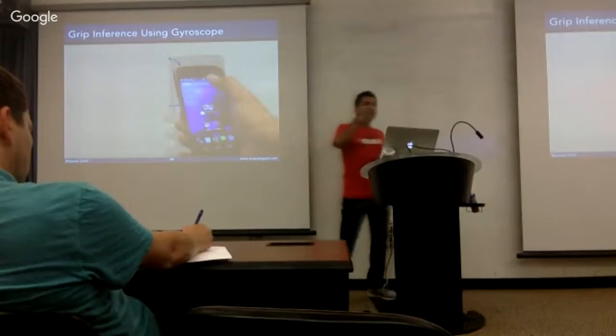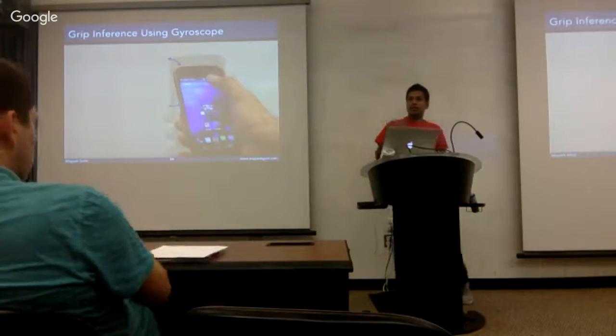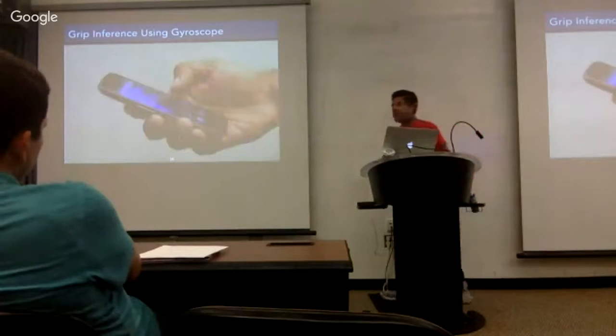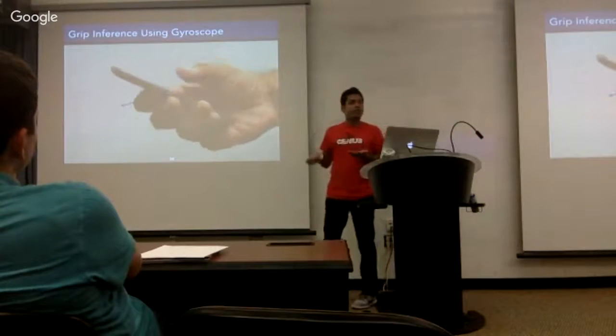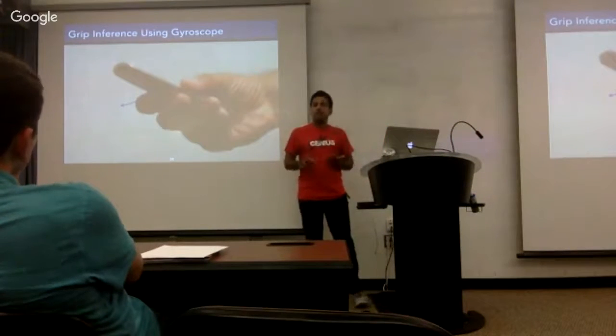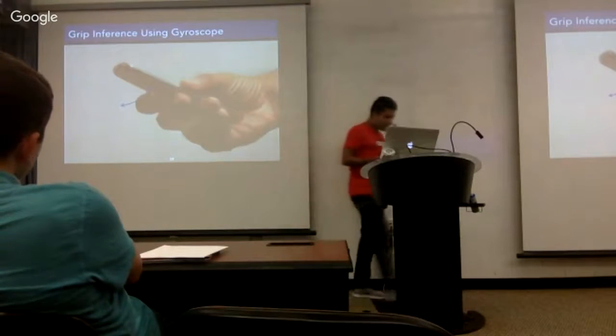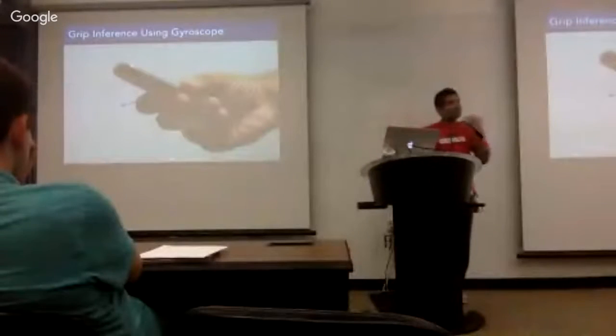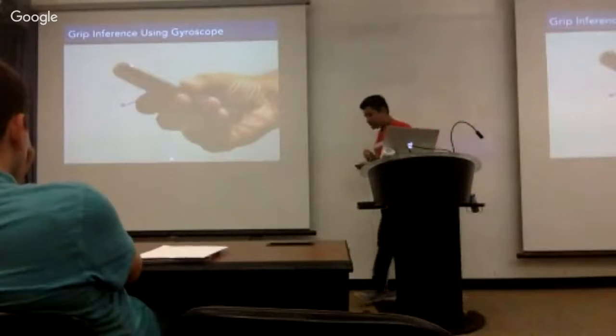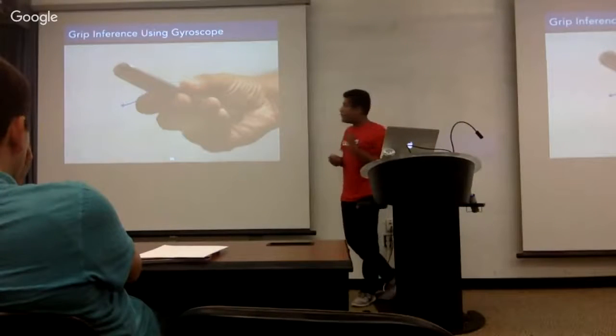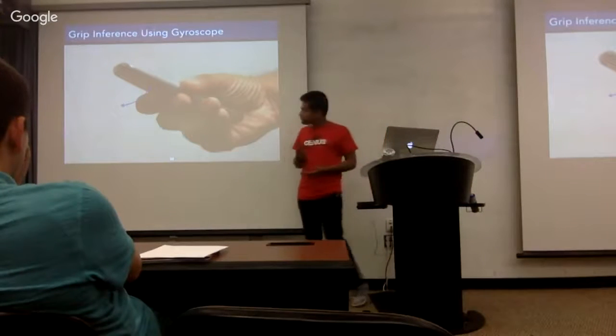So your phone rotates in a particular way and that rotation will be different for different hand postures. And in case of index finger, because there is no limitation of reach, the phone doesn't move that much. So you can build a pretty robust heuristic using just the rotation information from the gyroscope. But you can make it even better.